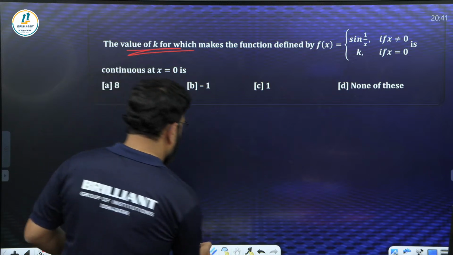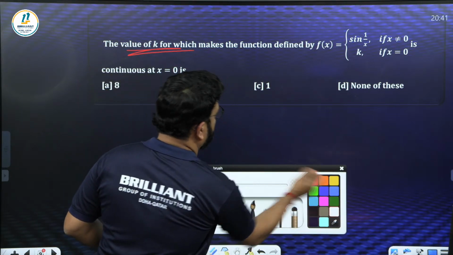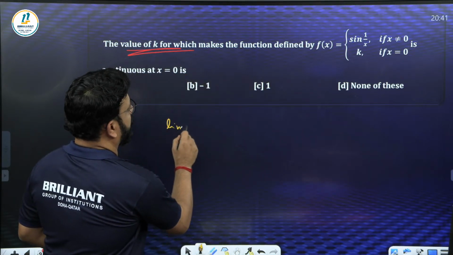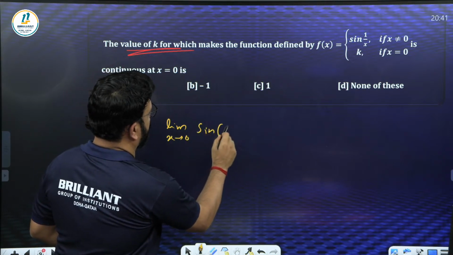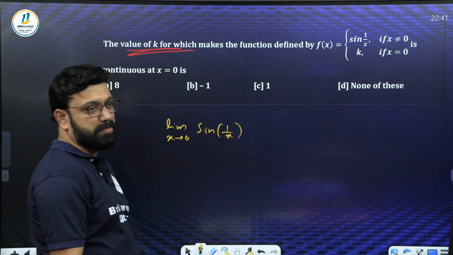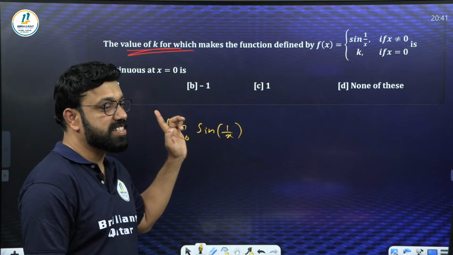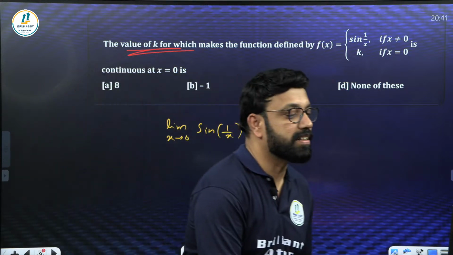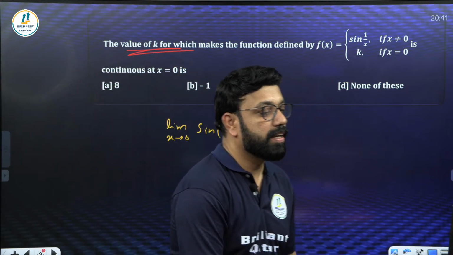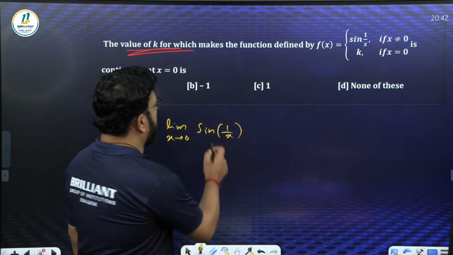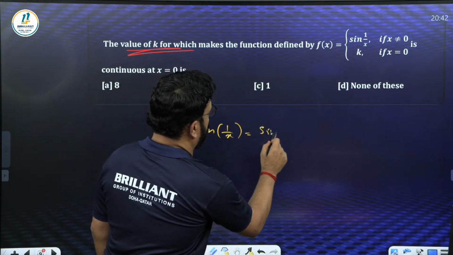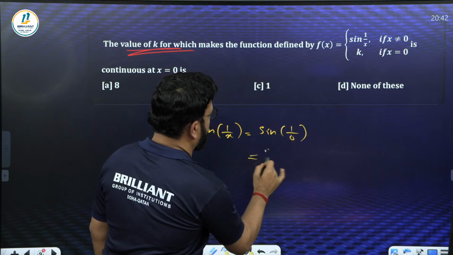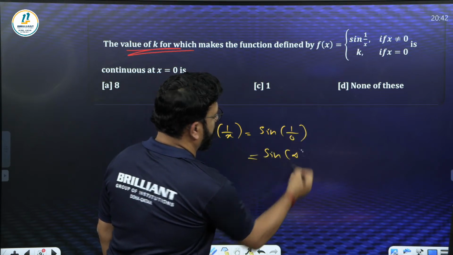Sine 1 by x. I am taking here the limit as x tends to 0 of sine 1 by x. What will we get there? Same as we discussed in the previous one. Yes, the correct answer came here. So sine 1 by x means limit x tends to 0 of sine of 1 by 0, sine not defined or infinity will come.